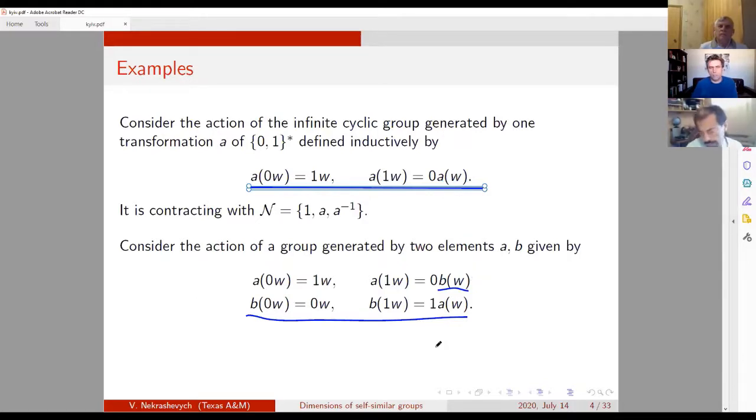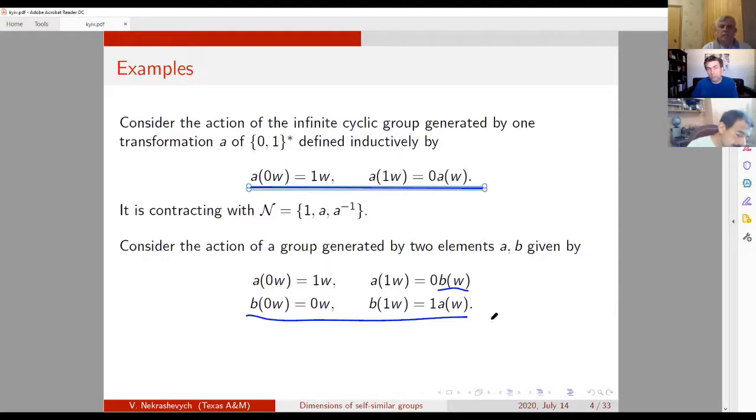So now if you see these rules, you can easily write down what is the value of A at any finite word and what is the value of B at any finite word. So you get two transformations. It's not hard to check that these two transformations are invertible, so are permutations.